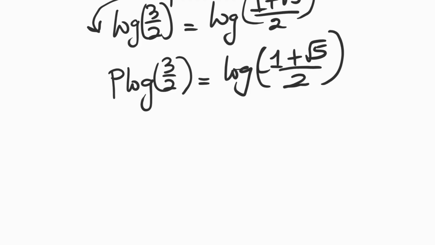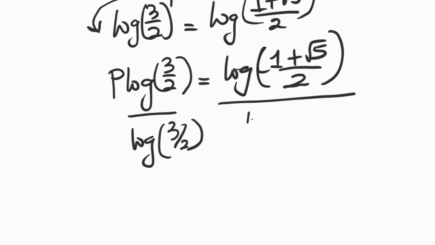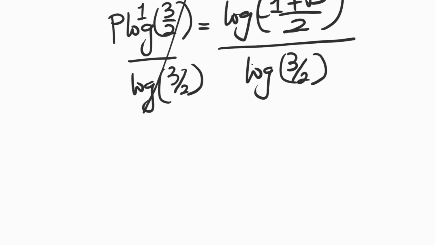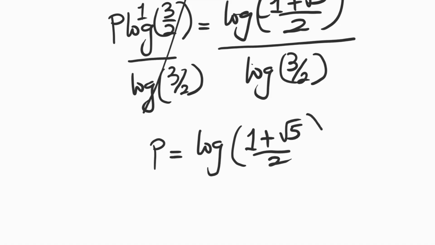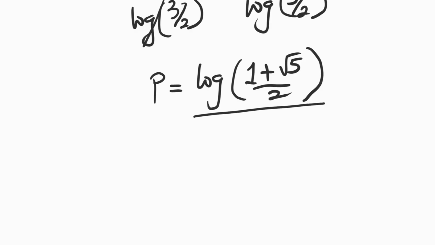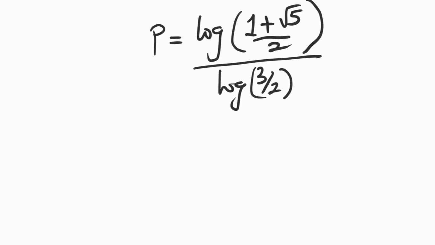And to find the value of p, we just divide through by log of 3 over 2. Divide both sides by log of 3 over 2. That cancels out, and it's 1. p times 1 is p equals log of 1 plus root 5 divided by 2, divided by log of 3 over 2.